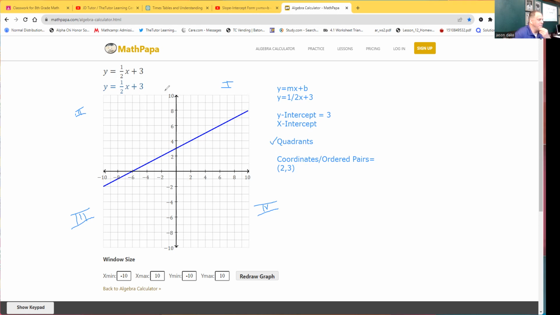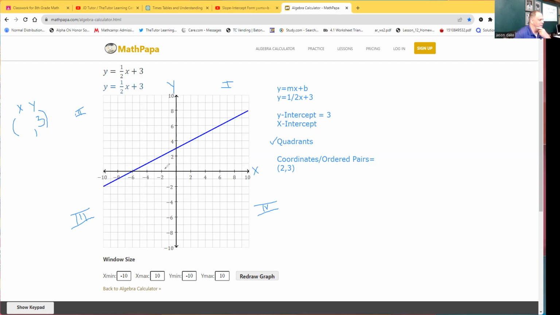So ordered pairs are always 2 numbers in parentheses separated by a comma, and an x is over here and a y is over here, because we have our y-axis here and our x-axis there. So if we look, 3 falls here on our y-axis, so we'll say 3.